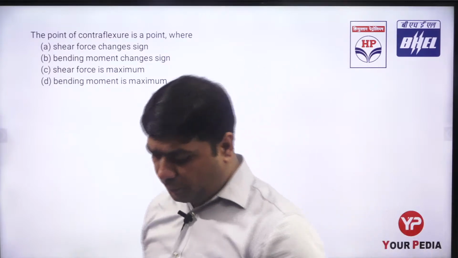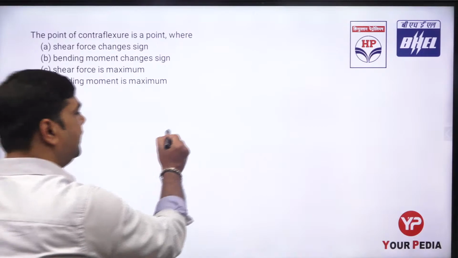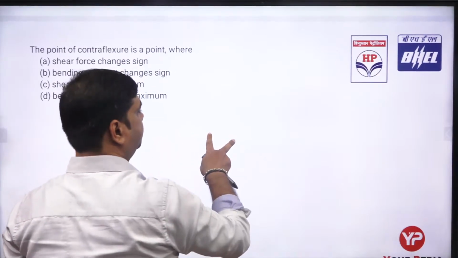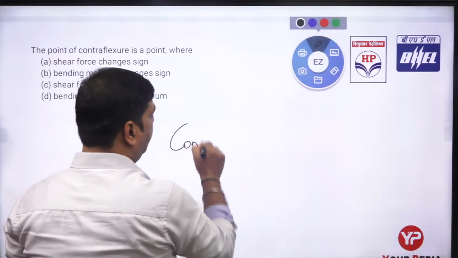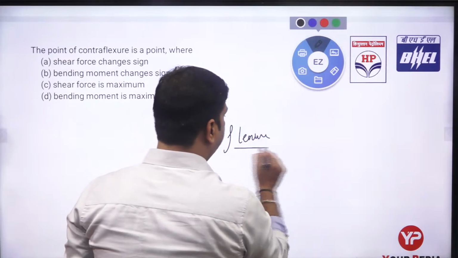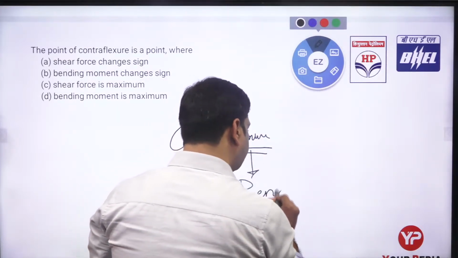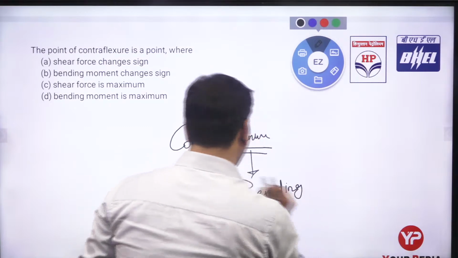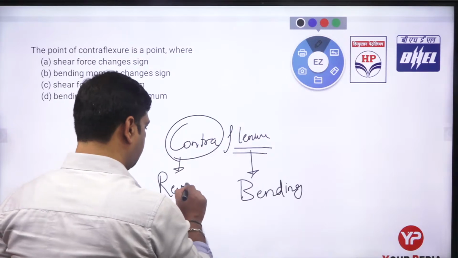Point of contraflexure. Flexure means bending, and contra means reverse.